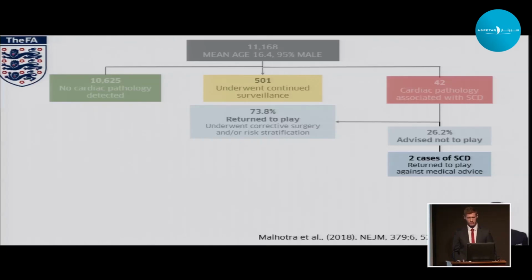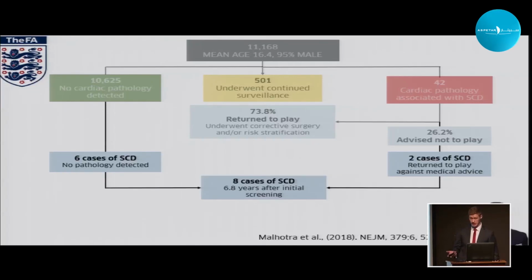Of those over 10,000 that were cleared to play, there were 6 that did proceed to die who had no detected heart condition. That did constitute 8 cases of sudden cardiac death, giving us an incidence rate of 1 in less than 15,000. And bear in mind, this is actually one of the highest incidence rates that we have seen in athletes. Truly underscores the problem here.